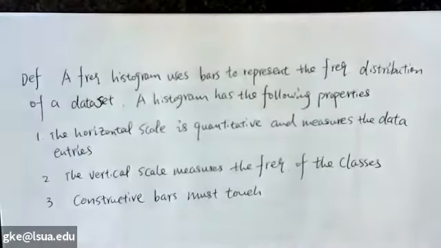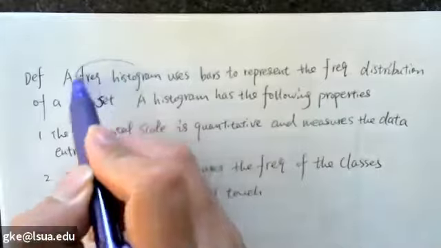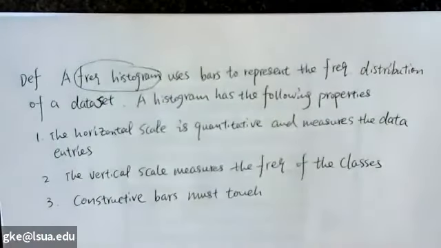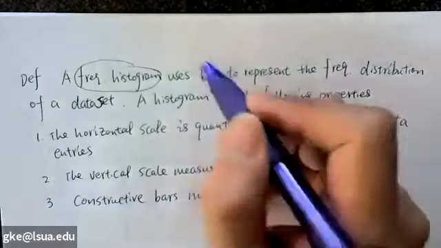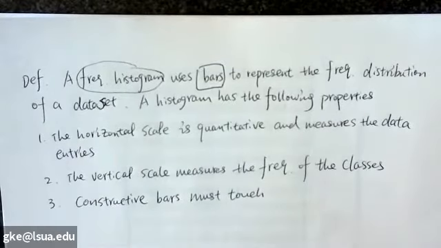So here I have a new terminology, a frequency histogram. Histogram, okay? And we use a picture, a bar, to represent the frequency distribution. And for frequency histogram, we have three properties.